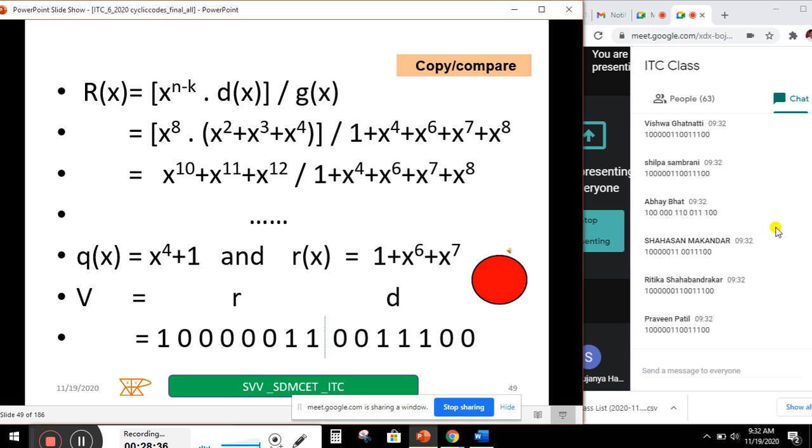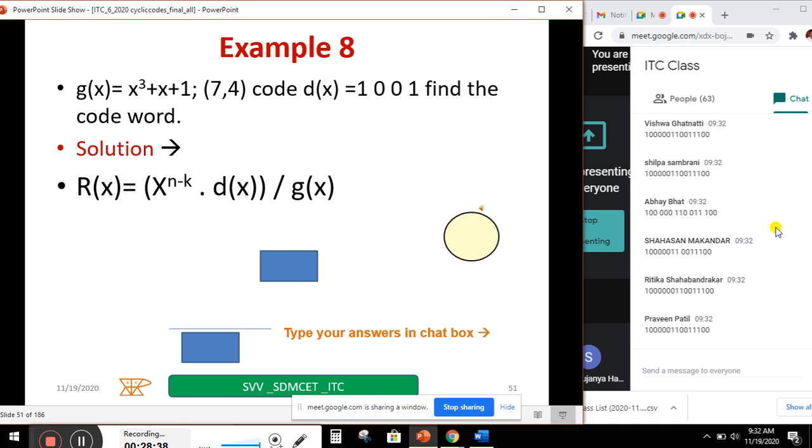Ritika and Praveen Patil got the same answer. Good. Prajakta, Amrita H, Sanjeev Indur, Vinay Giremnavar, Vishal Onkar got the same answer. Deviraj Yamanut, Saujanya, Siddharth Liki.